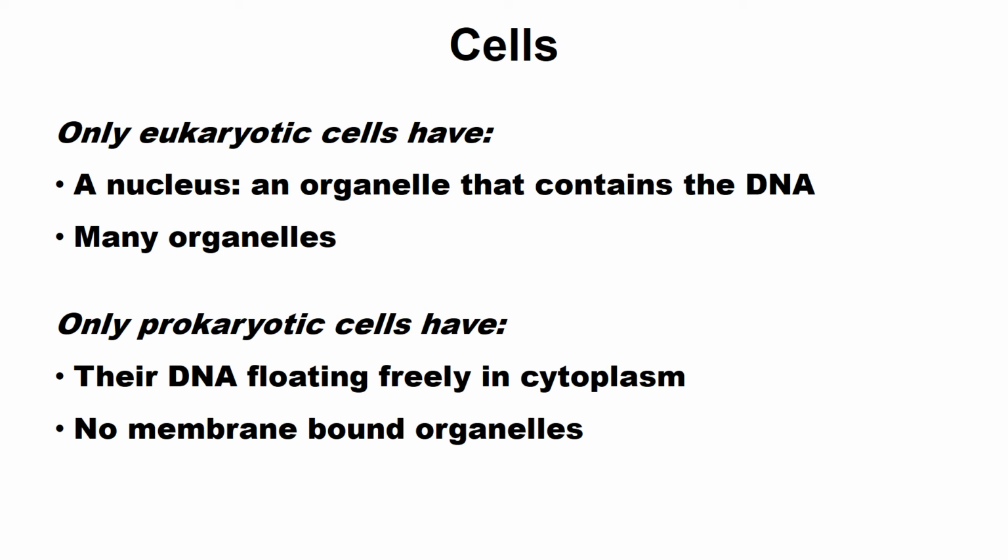Prokaryotic cells do not have a nucleus. They do have DNA, which is just floating within the cell itself. And the second thing is that prokaryotic cells do not have membrane-bound organelles. They do have certain organelles, such as ribosomes, right? But they are not membrane-bound.